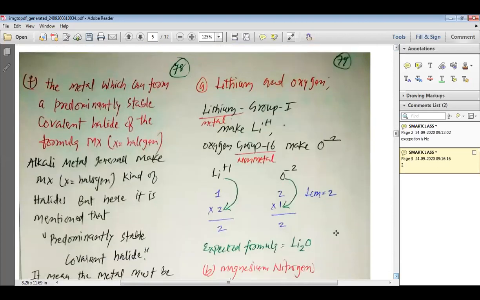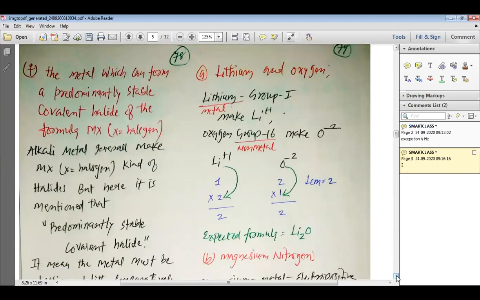And then we have the next question: the metal which can form a predominantly stable covalent halide of the formula MX. You remember HCl, NaCl, KCl, CsCl. The alkali metals generally make the MX kind of halides. Alkali metals have the specialty of low first ionization enthalpy.